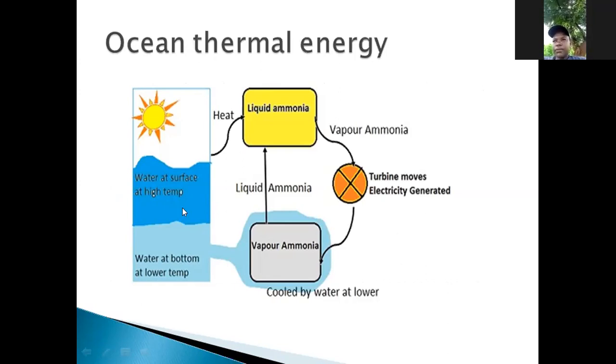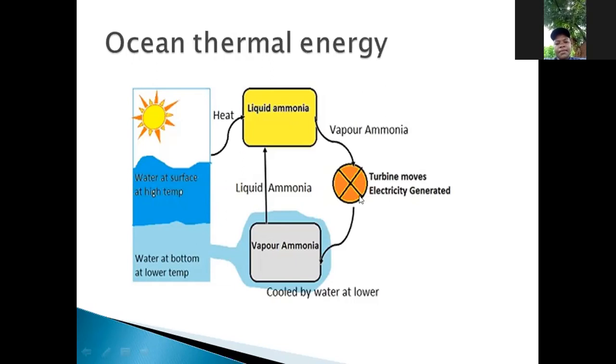The water at the surface, as it heats up, is connected to a liquid like ammonia. Ammonia has a property that it's very volatile. As it vaporizes, as it changes into vapor, it passes through a turbine, which moves the generator, and electricity is produced.